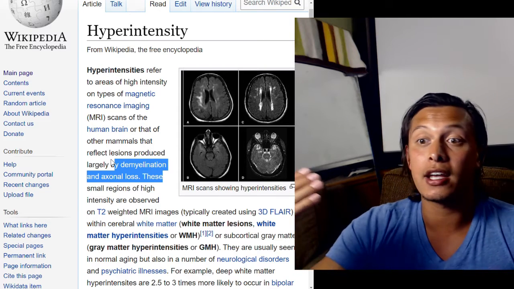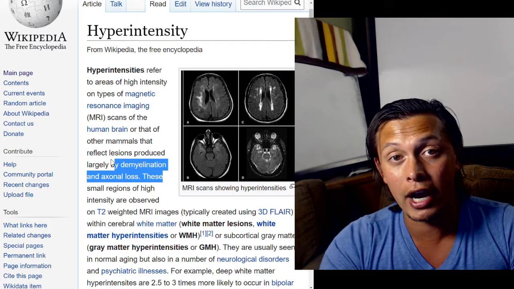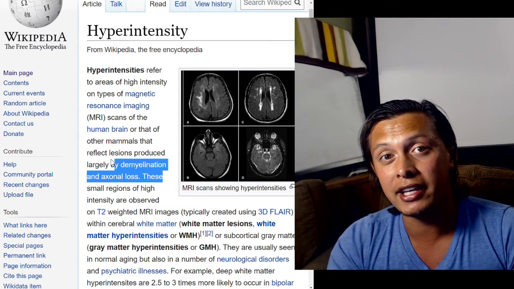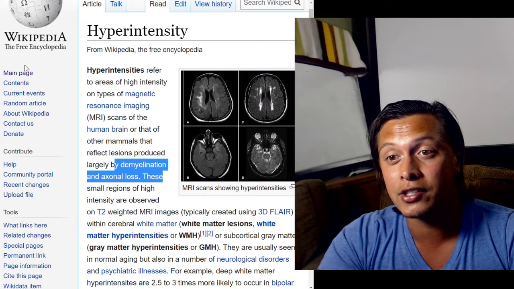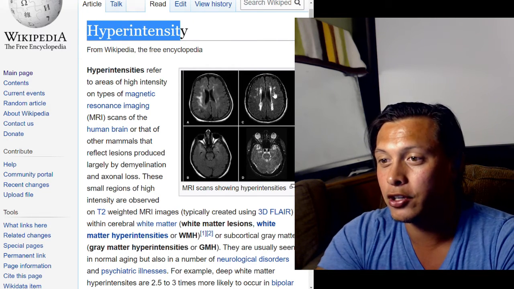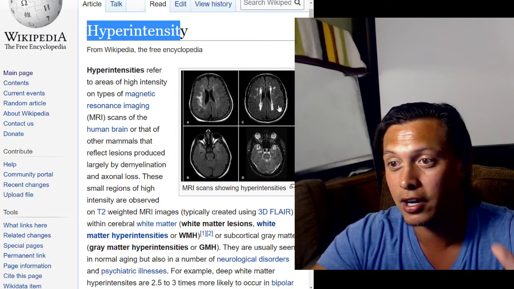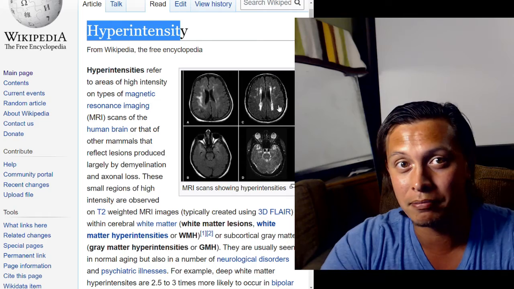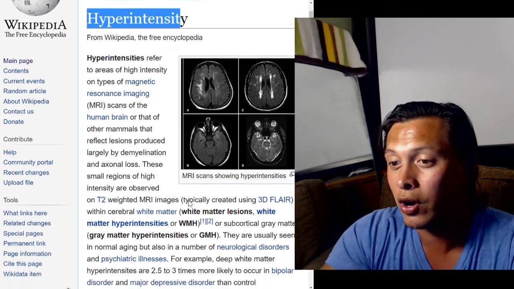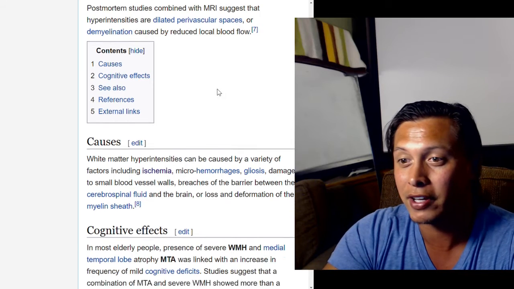So in the case of an MRI, we can actually see demyelination events based on what's called hyperintensity. Apparently you can see it here. I'm guessing it's the really white parts. I'm not a doctor. I'm not a radiologist. I'm not an MRIologist. So just keep that in mind. I'm speaking from a place of ignorance.